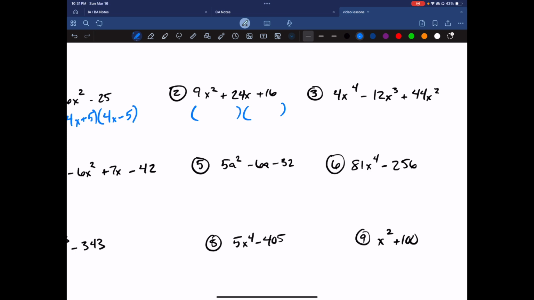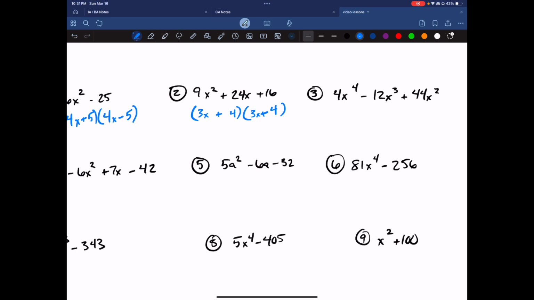So on number two, you have 9x squared, which is 3x and 3x. The square root of 16 is 4. Because my second sign is positive, so I got plus 16, that means both signs are the same as the first sign. So because it says plus 24x, it's going to be plus and plus, which means these are the same.